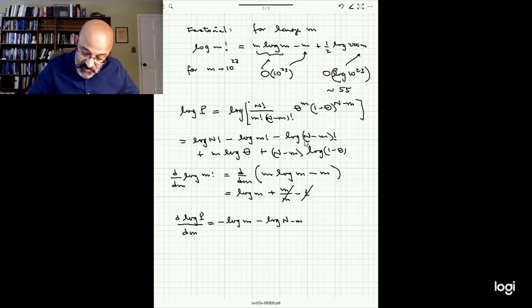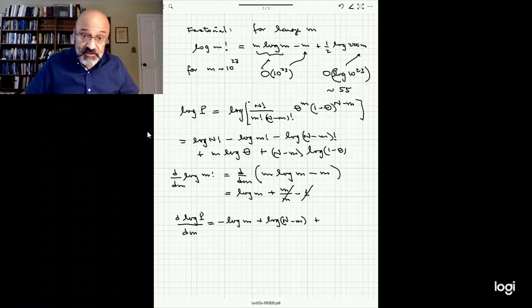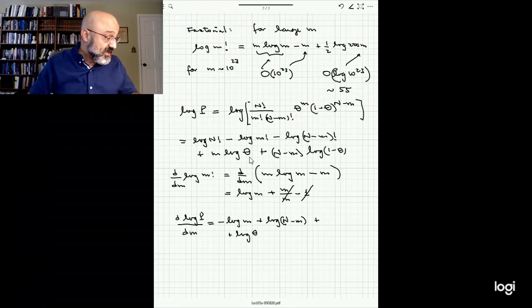There is an extra minus sign here, which flips this guy around, and then we have plus the derivative of the log theta term, which is plus log theta, and then we have minus log 1 minus theta, and all of this can now be collected back into a log.